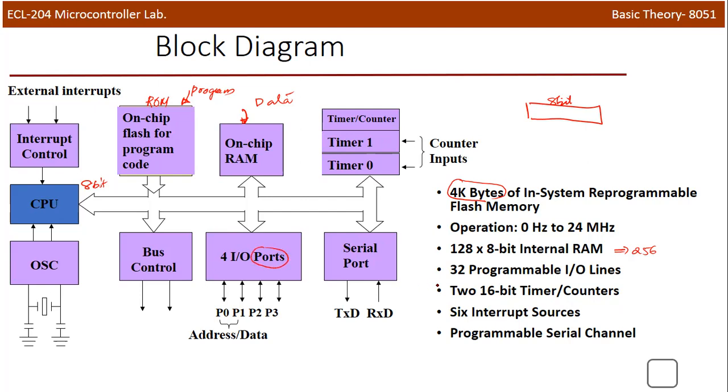The 32 programmable input-output lines are grouped into 4, and each group is known as P0, P1, P2, P3: port 0, port 1, port 2, port 3. Each one is 8 bits wide. So port 0 contains 8 pins, port 1 contains 8 pins, port 2 contains 8 pins, and port 3 contains 8 pins. So there are a total of 32 programmable input-output lines for connecting external input-output devices to this microcontroller.